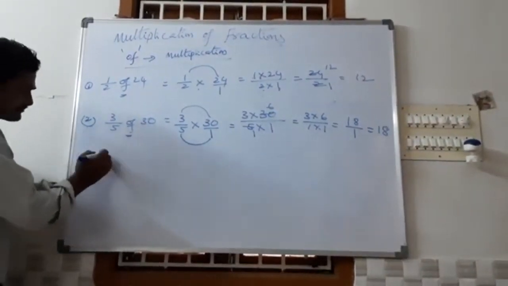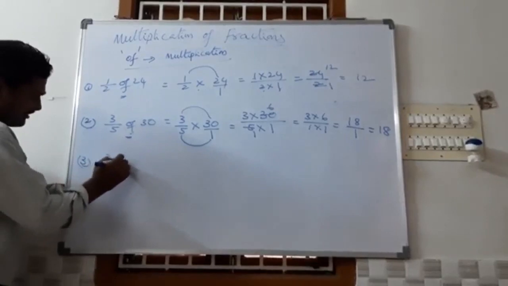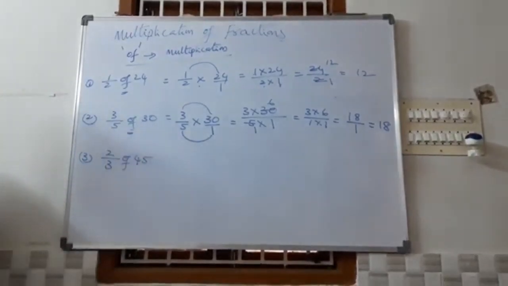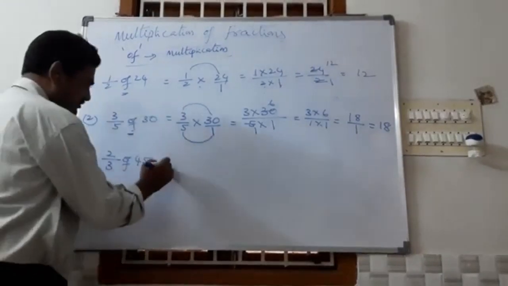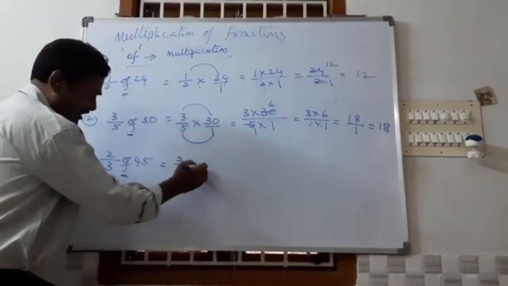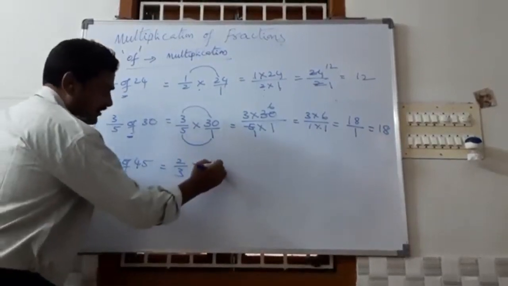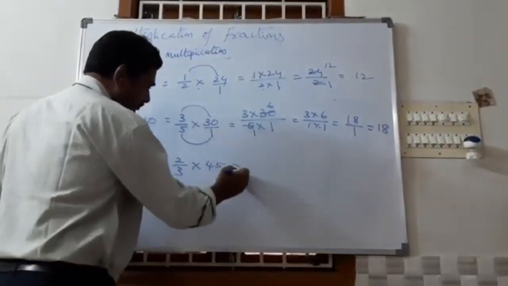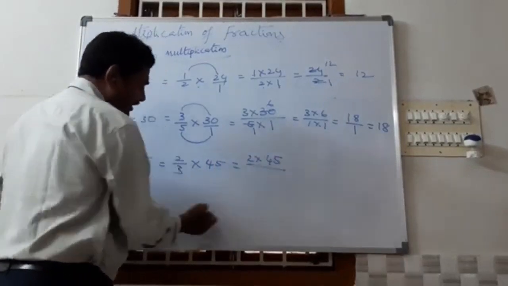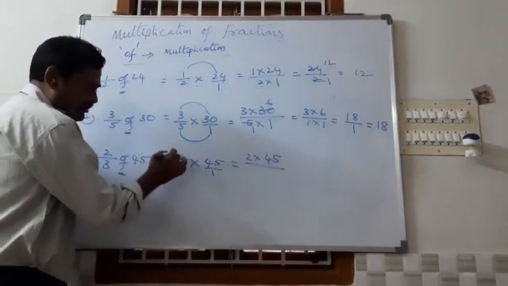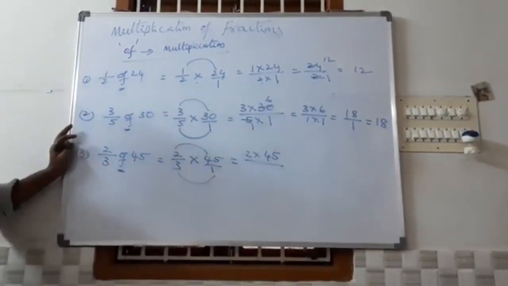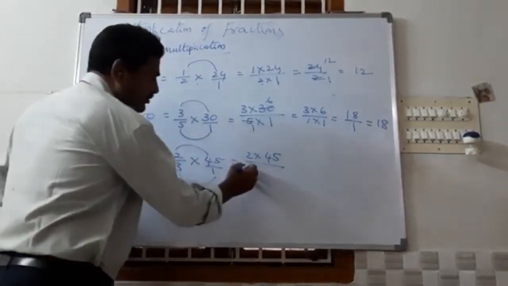Now another example: 2 by 3 of 45. How do we do this one? 2 by 3, 'of' stands for multiplication, 45. Now 2 into 45 by, here the denominator is 1. The numerators are 2 into 45 and the denominators are 3 into 1.